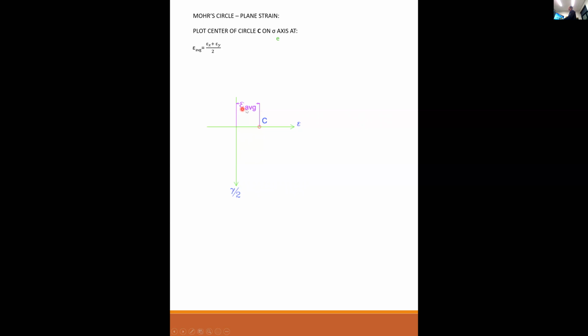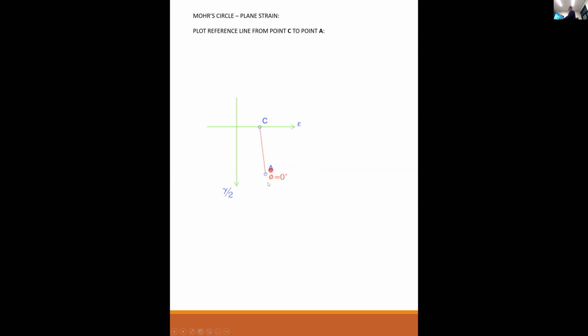Epsilon average gives me the center of my circle. The vertical axis is shear strain, gamma over 2. The horizontal axis is normal strain, epsilon. We can plot our reference point at epsilon x and gamma xy over 2. So there's my reference point A. I go down gamma xy over 2, that's my positive shear strain, and over epsilon x, that is my positive normal strain.